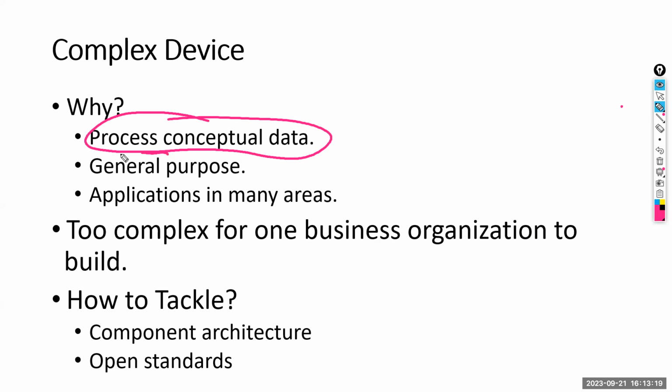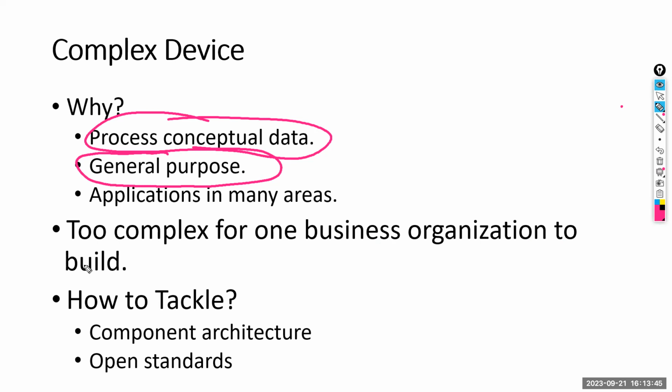And of course, when your device is general purpose, it's always going to be complex because it can be used for different purposes. So then it's not going to be a simple device. Even a rocket is used for one purpose, just sending people and things to space and taking them back. But computer, so many usages.